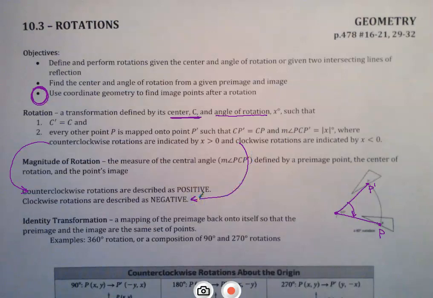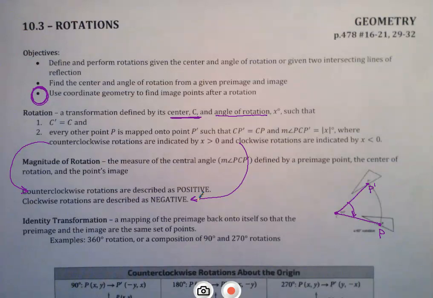Clockwise rotations are described as negative. We can have a magnitude of rotation, which is the measure of the central angle defined by a pre-image point, the center of rotation, and the point's image. So again, it's just the measure of the central angle.